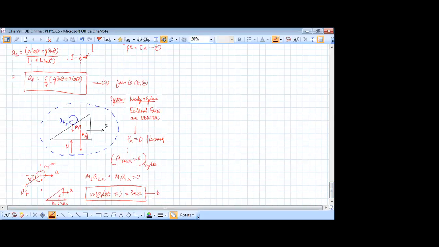You can see equation A will actually give you 5 by 7 into 0.6g plus 0.8e, because theta is equal to 37 degrees. And equation B will give you that E relative into 0.8, cos theta, is equal to 4e.